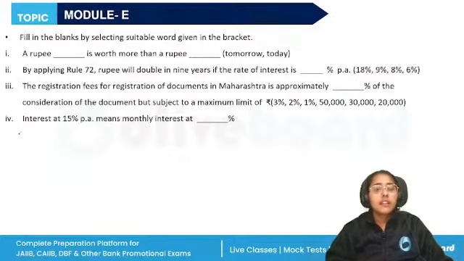Next, fill in the blanks by selecting the suitable words given in the bracket. A rupee dash is worth more than a rupee dash. The options are tomorrow and today.